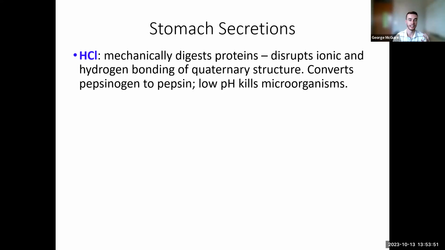That allows the enzymes to actually reach the bonds holding together individual amino acids in order to break them down. This hydrochloric acid is also going to assist with activating the enzyme pepsin, changing it from pepsinogen into pepsin, and keeping that low pH, which helps kill any invaders, any microorganisms that have come in with our food that we don't want to make it into our body.